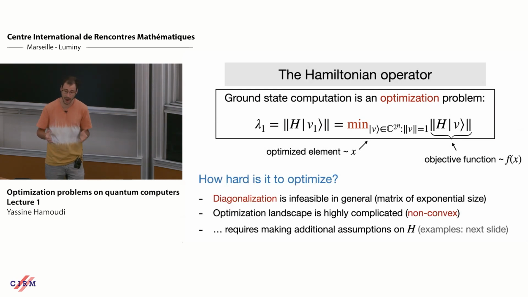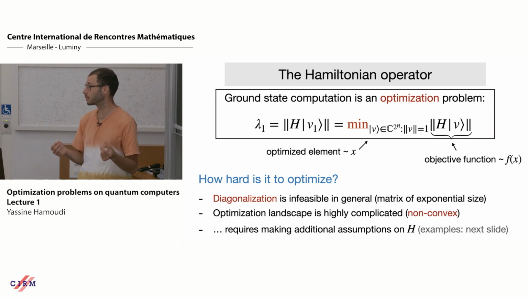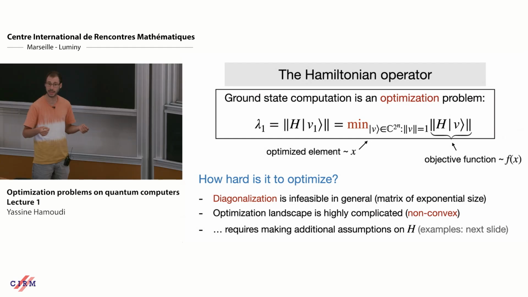So how hard is this optimization problem to solve? Well, the first idea that comes to mind is to try to diagonalize H. Because if you do that, you would obtain all the eigenvalues, all the eigenvectors, and in particular, you would obtain the smallest one. However, as I said before, the matrix is of size exponential in the size of the system.